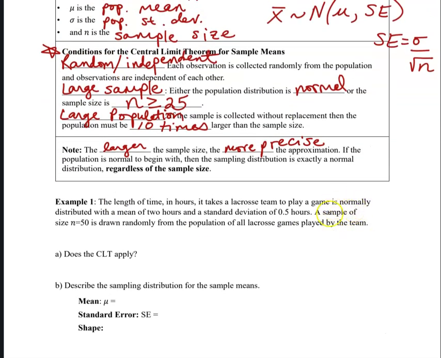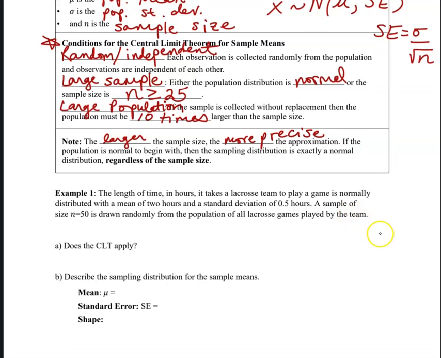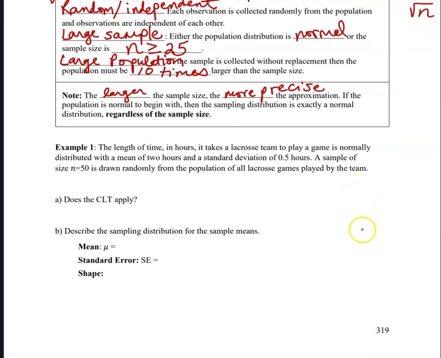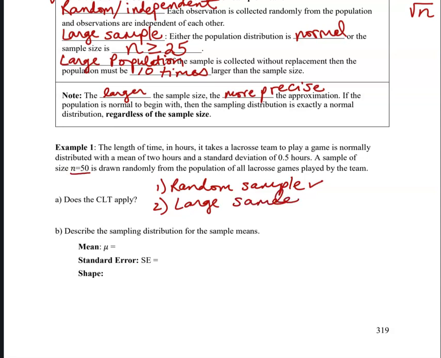Well, they said it was a normal distribution, so that part of it is taken care of. But even if they didn't tell us that, what do we know? Was it a random sample? They said it was, so we'll assume yes, random and independent. Is it a large sample? It's large enough because n is 50 and it has to be at least 25. So n is greater than or equal to 25.